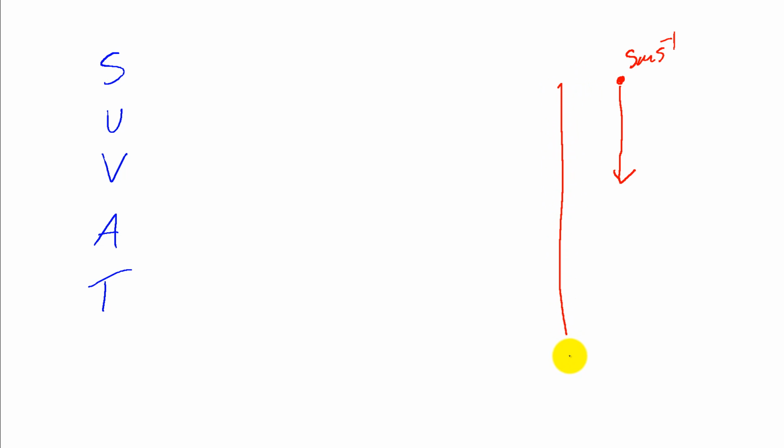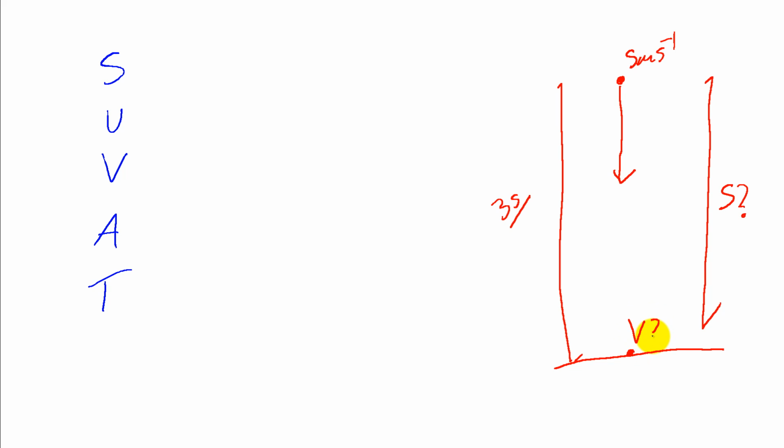And let's say we know, or measure, or time, that it takes 3 seconds for it to reach the ground. With this information, we've actually got enough to work out both this distance that we've travelled, this displacement, as well as the final velocity when it reaches the ground. So let's do these one at a time.